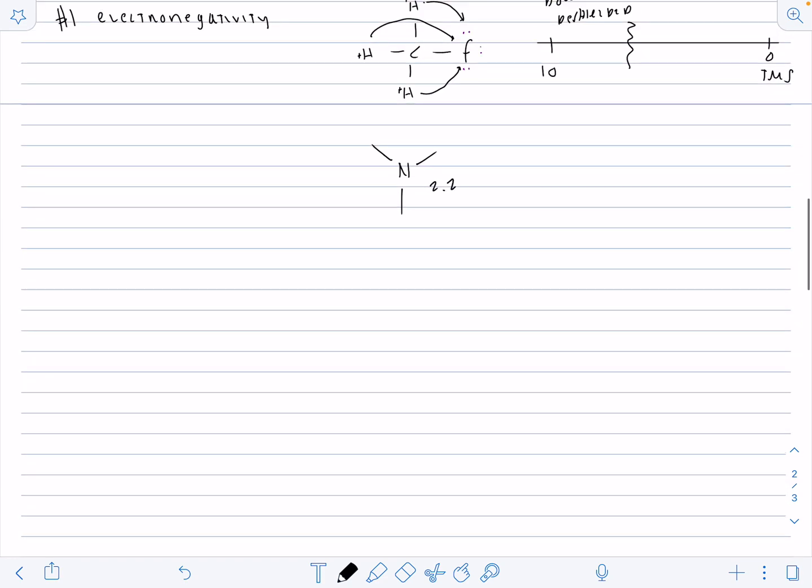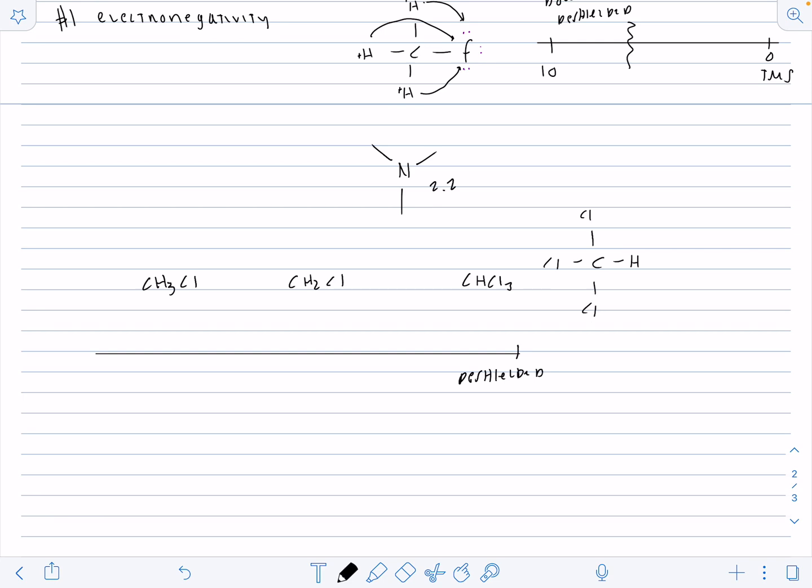So if we're talking about the difference between CH3Cl, CH2Cl2, and CHCl3, then we know that the level of de-shielding will increase as we add more electronegative atoms, because the chlorines that are surrounding this carbon are really pulling on the electrons of this hydrogen.